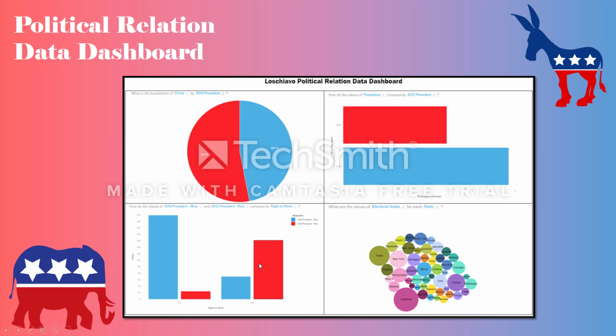Whereas there is a more, I wouldn't say balanced, but it somewhat is, when the state is yes for right to work. You may have more of a Democratic outcome versus Republican.